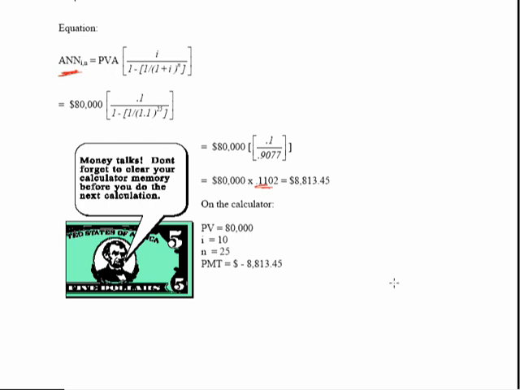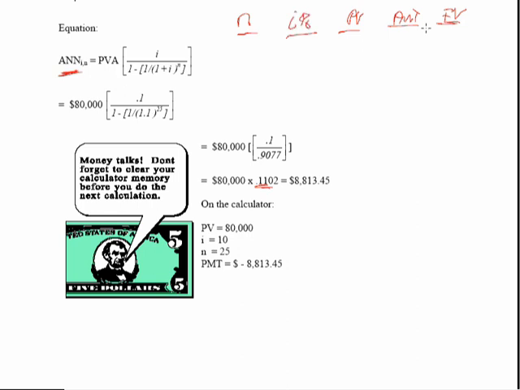On the calculators, it's a pretty straightforward calculation, but once again, remember to clear your calculator registers, clear all. Go to your time value of money menu. Make sure you're set up on one payment per year, because in this particular mortgage example, it's an annual payment mortgage. Make sure you're set at end mode.